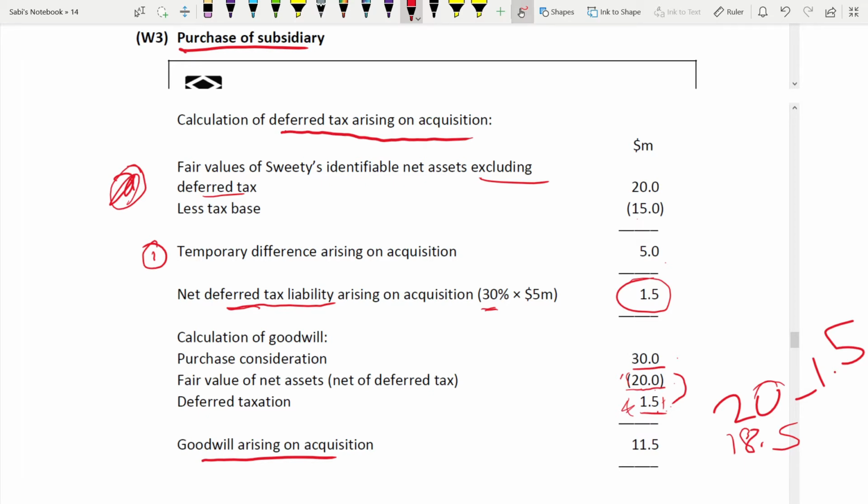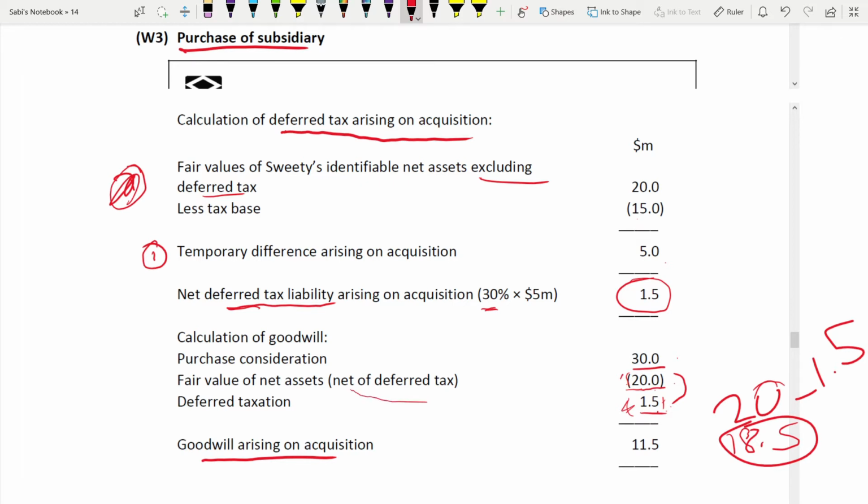It's basically your knowledge of maths you need, in which sign you need. Because this is the formula, fair value of net assets you deduct. You cannot put a plus figure here. Plus 20 minus 1.5, then this number will increase. This has to be in bracket only, fair value of net assets. So this needs to be given in positive. Okay, it is net of deferred tax.